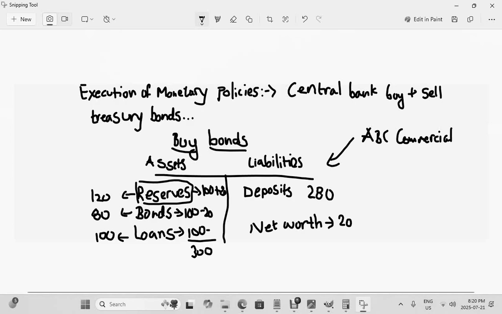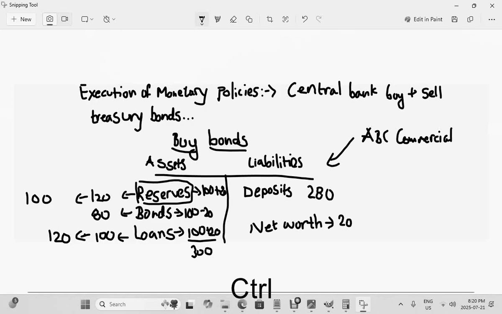Assuming this would be 20 million, loans will become 120 million, and you'll subtract 20 from reserves, which means this will become 100. Your total will stay the same at 300. Your net worth will stay the same at 20.